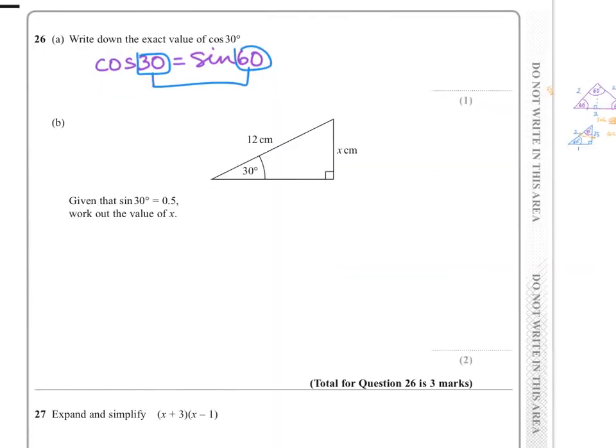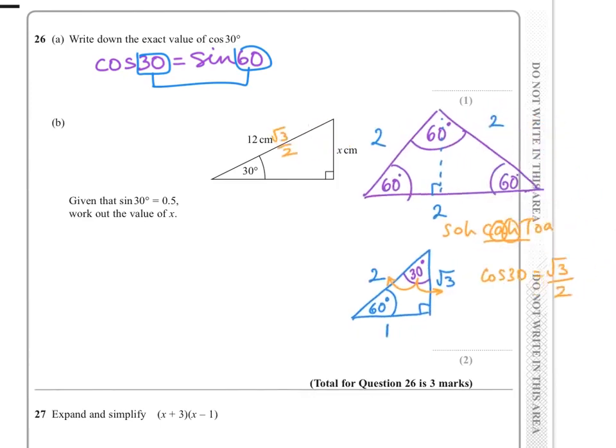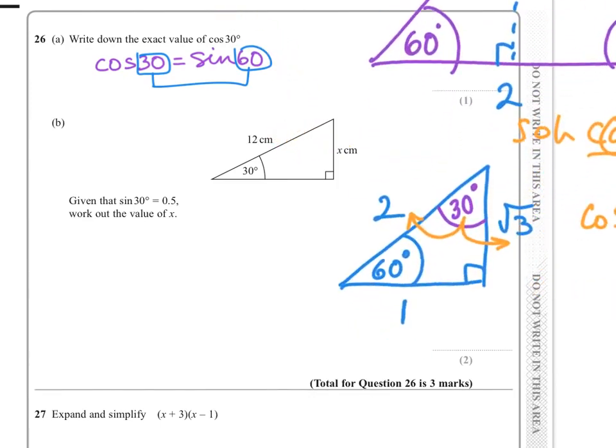Part B, there's a diagram of a right-angled triangle, and it says given that the sine of 30 is 0.5, work out the value of x. Well, for my previous diagram here, if I can find it, if we looked at this triangle that we spoke about earlier, then the sine of 30 would be opposite over hypotenuse, which is a half, which is given.